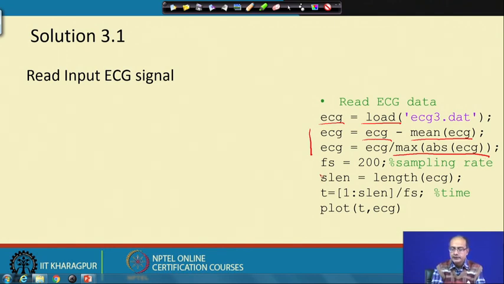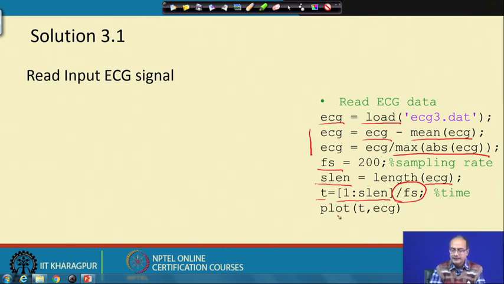Next, we note the sampling frequency, and look at how many samples there are. The length function gives the number of samples in the vector ECG. And then we create the time index required for the plot. For the time index, first we write down the sample number, then multiply it with 1 by Fs to get the time instances.